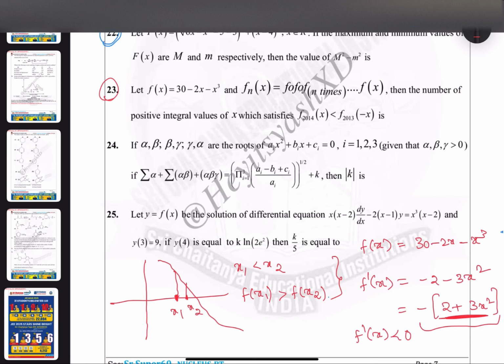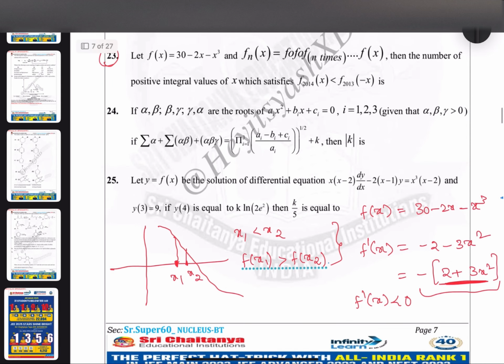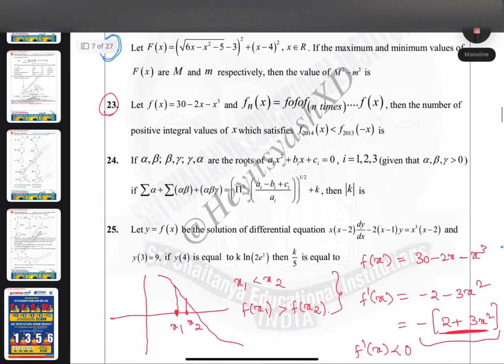All right. Now we have this particular condition. So f of 2014x less than, f of 2014x can be written as f of f 2013 of x less than, similarly f 2013x can be written as f of f 2012 of minus x.